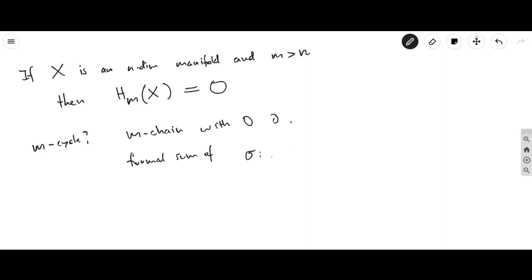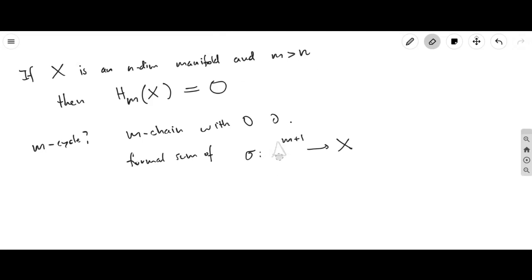So you would have a map from the m-dimensional simplex into your space. And the problem is, there's nothing wrong about this. You can easily imagine, for example, if X is the one-dimensional circle, maps from the two-dimensional simplex into the circle. You have lots. There's infinitely many of them. You have lots of non-trivial such examples.